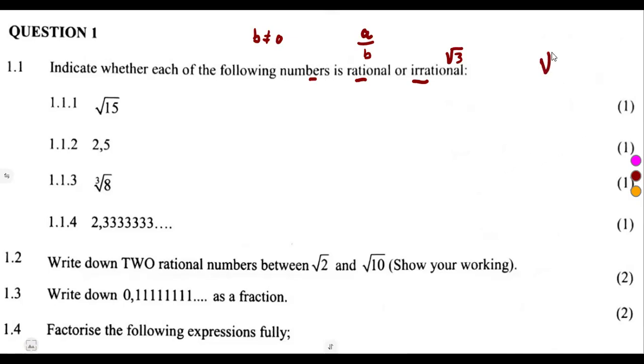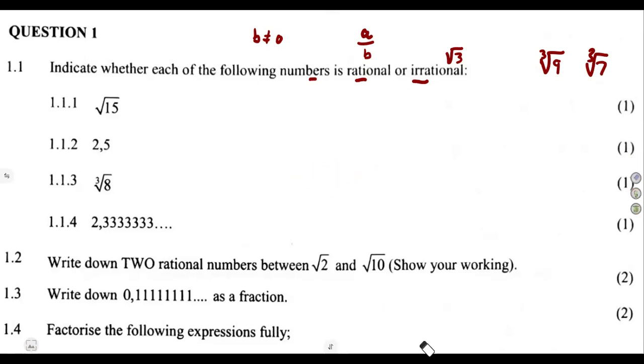Or the cube root of numbers which are not perfect cubes. When I'm saying a perfect cube, I'm referring to numbers such as 8, 27. These are the perfect cubes, but which is not. So when I'm saying which is not, it can be a 9, it can be a 7. This also is part of the irrational numbers.